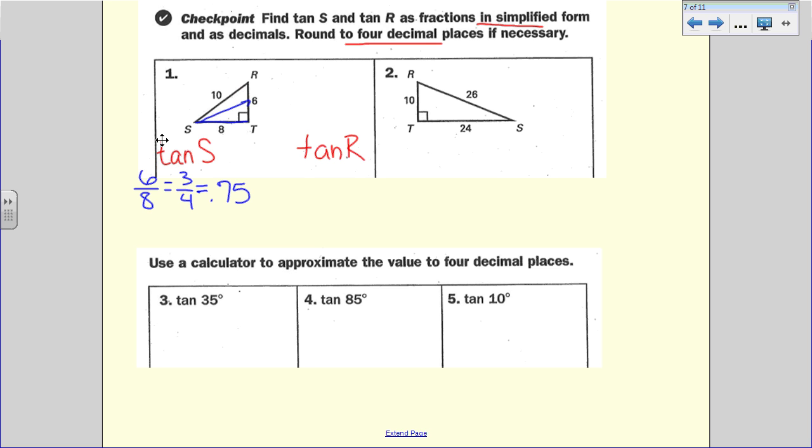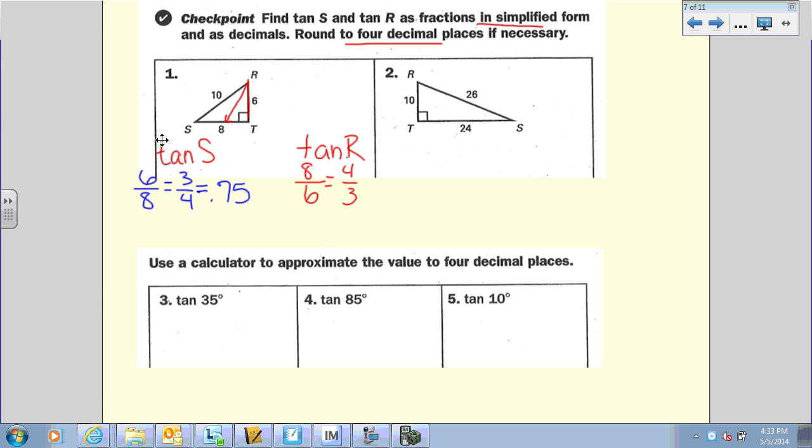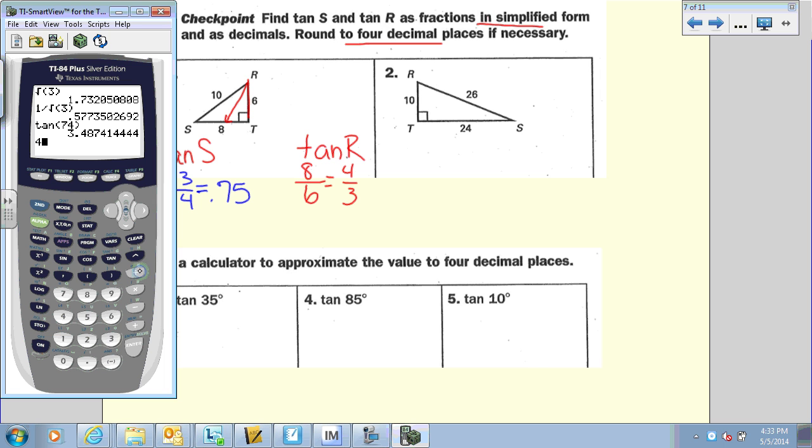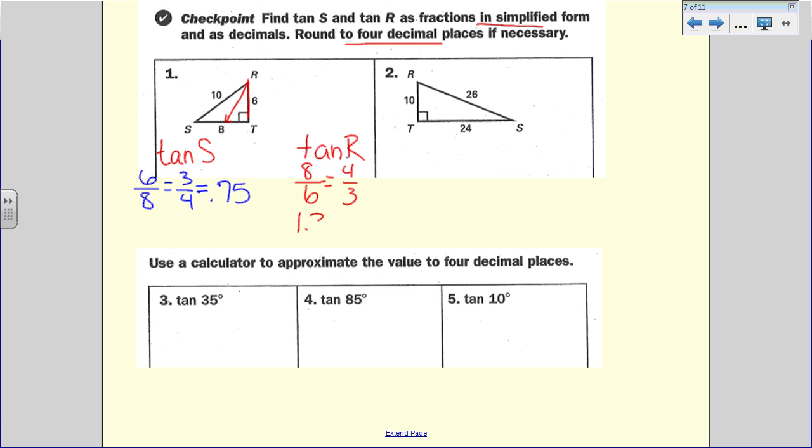Now if we look at angle R, I need to do opposite, 8, over adjacent, 6. And so that is 4/3. Now if we divide that out on our calculator, 4 divided by 3, we get 1.333. We're taking 4 decimal places, so that's 1.3333.